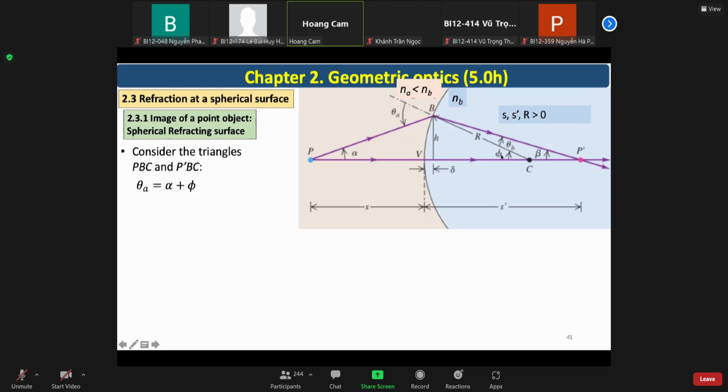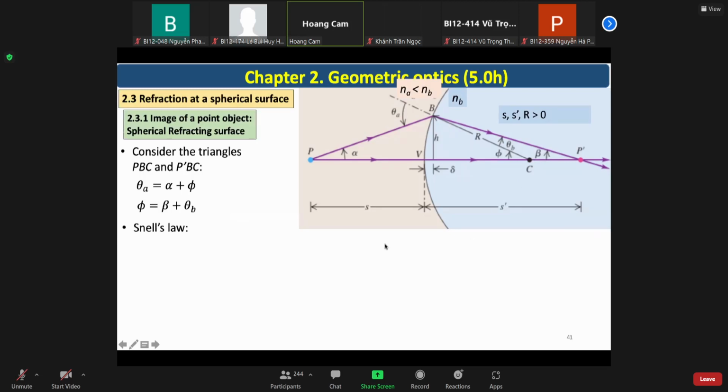If we look at the angle theta A at point B, we easily see that theta A equals the sum of alpha plus phi. And if we look at the triangle P prime BC at the vertex C, we see that phi equals theta B plus beta.